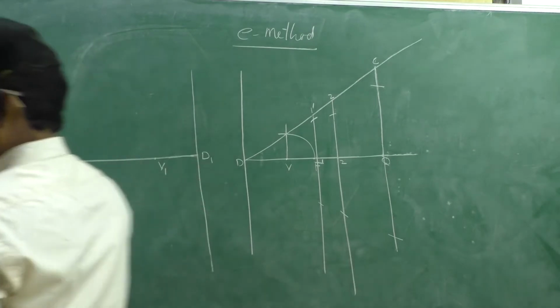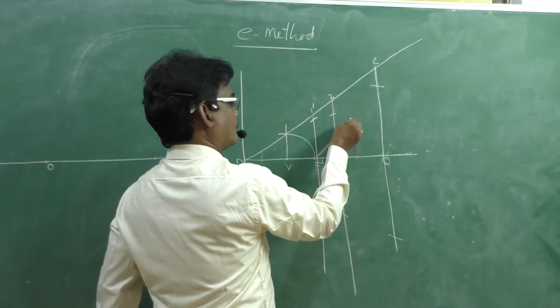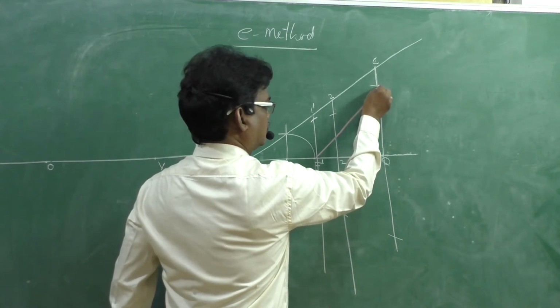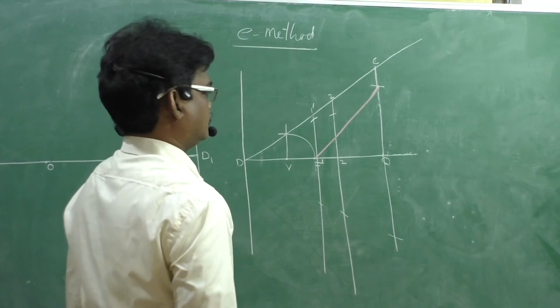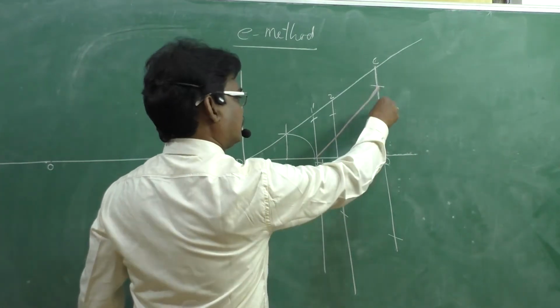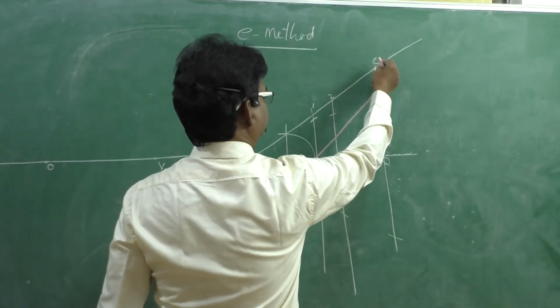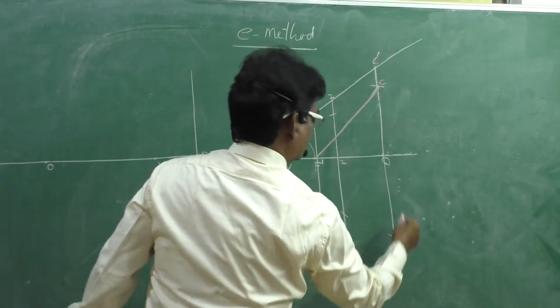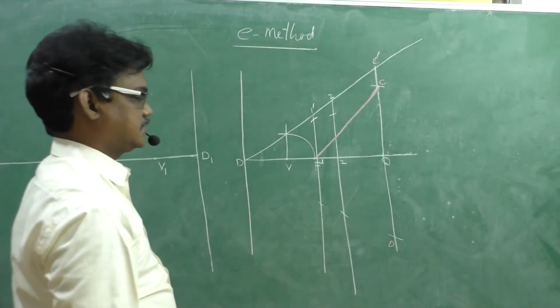See, we draw like this. Right. And this is the point on the profile of the ellipse. Obviously, it will be the end point of the minor axis.